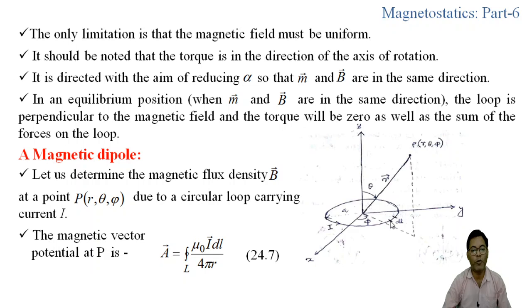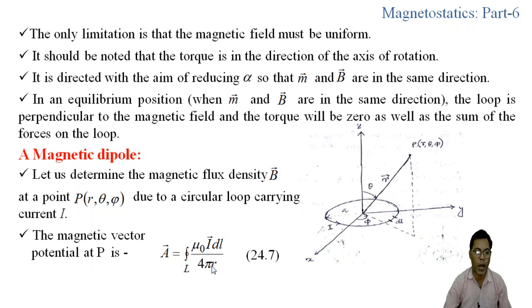So we have considered a small length dl, and for this small length we have the magnetic vector potential A by expression 24.7, which we derived earlier for a current carrying conductor: A equals the closed line integral of mu naught I dl by 4 pi r.